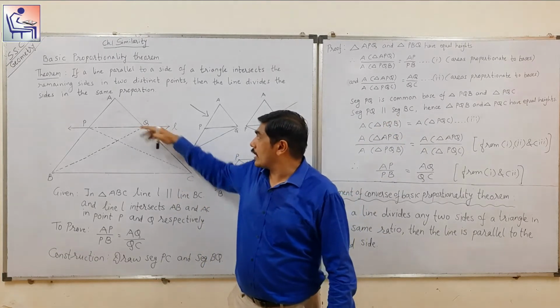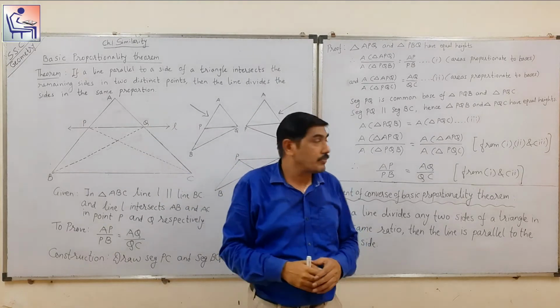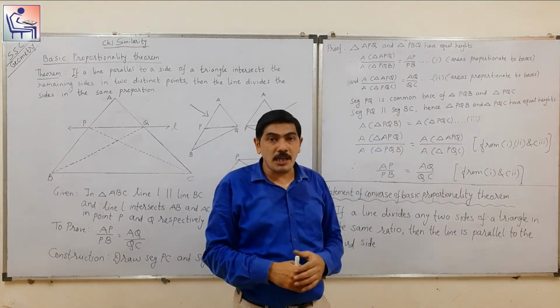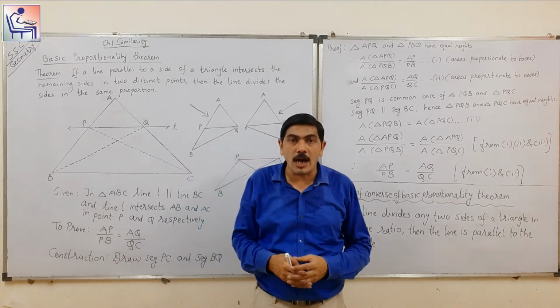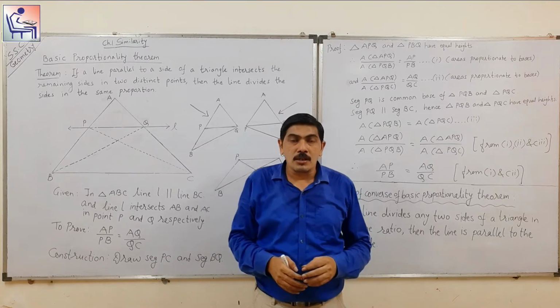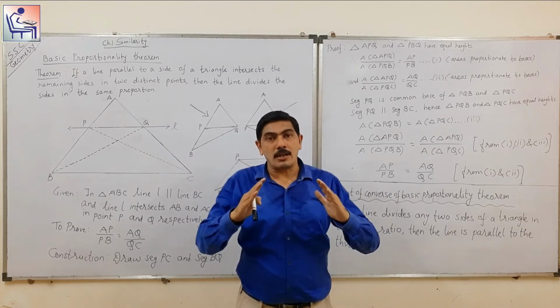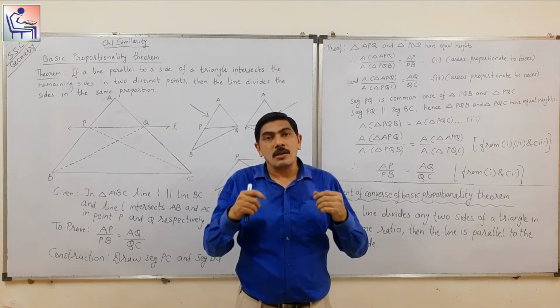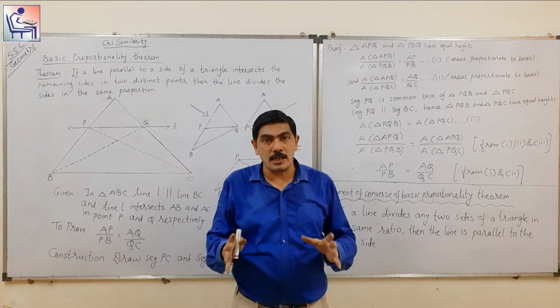Segment PQ, that is your line L, is parallel to segment BC. Hence, triangle PQB and triangle PQC have equal heights. Always remember, in any two parallel lines, if there are n number of triangles, they all have equal heights.